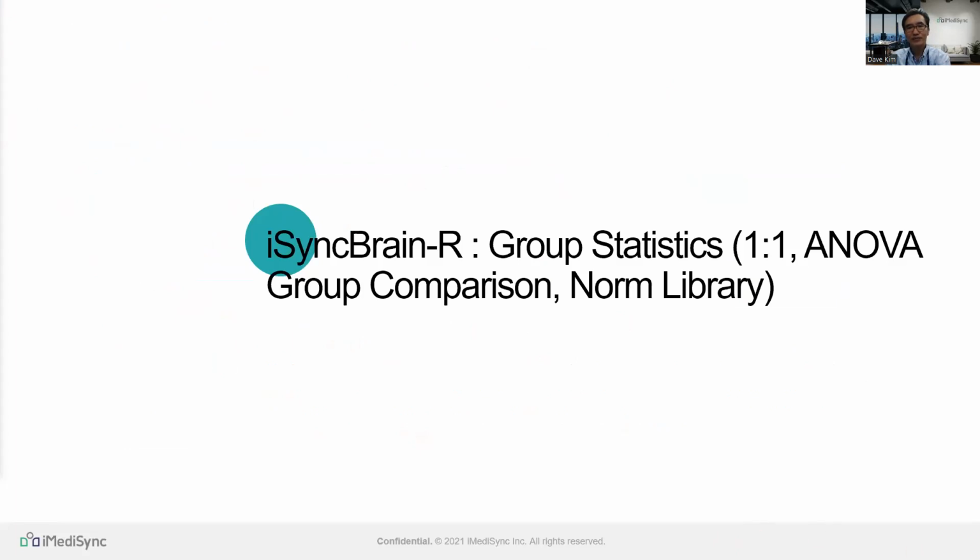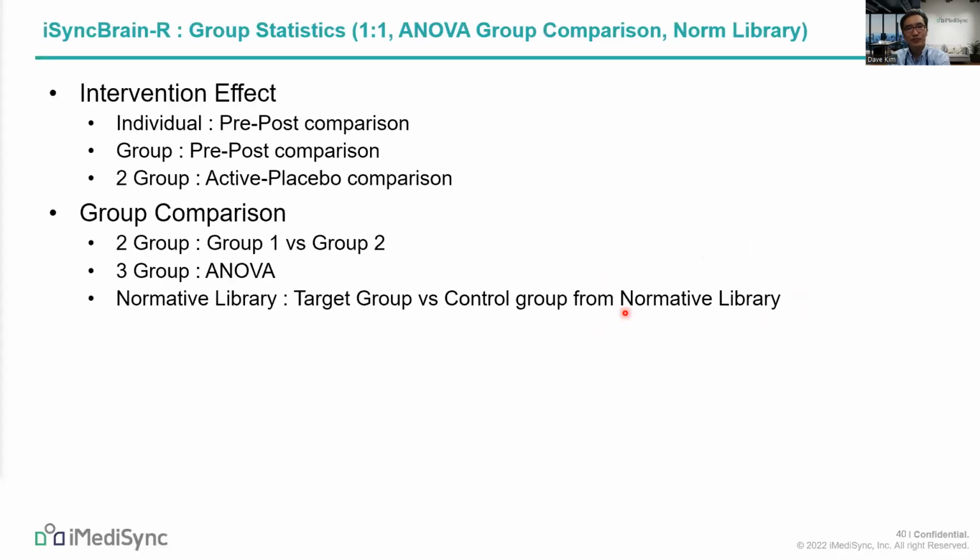The final part of this presentation is a very brief introduction of the iSyncBrain-R group statistics, from intervention effect and group difference with normative library, with health normative library.